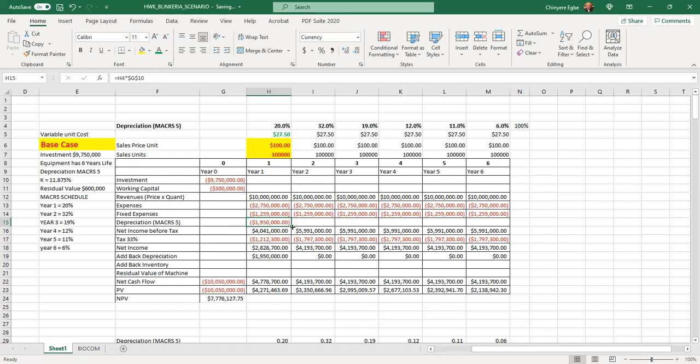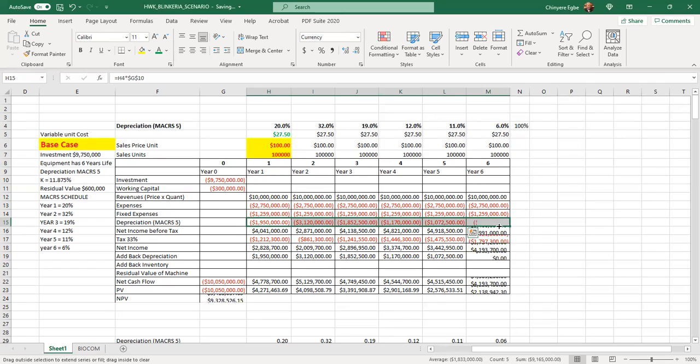And so you can see the first year's depreciation is different from the second year's depreciation because you have 32% in the second year, and in the third year you have 19%. You can see it's different. In the fourth year you have 12%. In the fifth year you have 11%, and in the sixth year you have 6%.